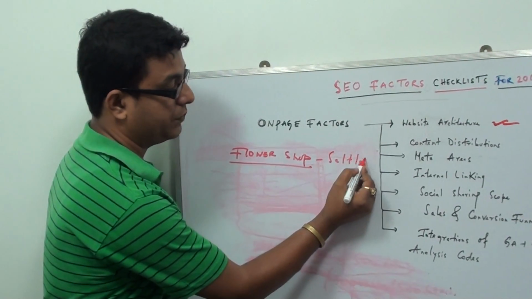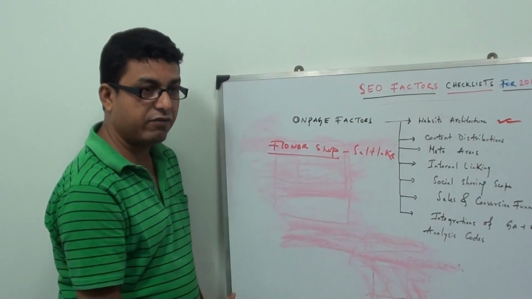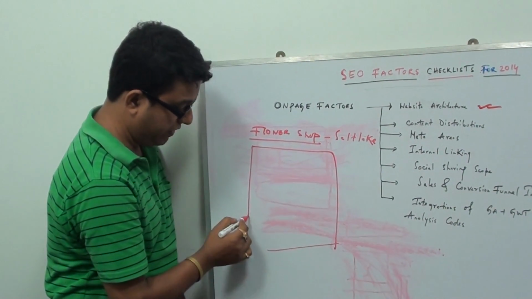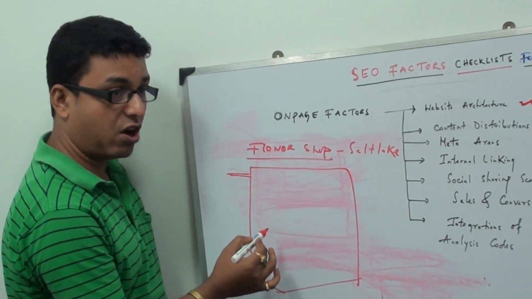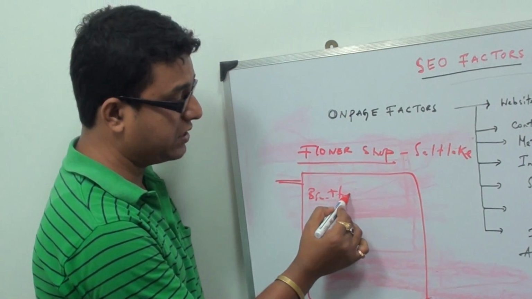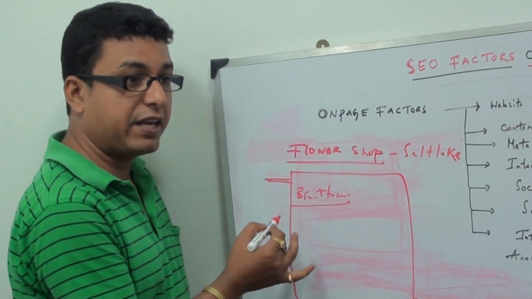So if I have a flower shop in Salt Lake area, right, I have a website, and on that site I have given structures, like I am trying to put up different flower offers, like there are birthday flower gifts, right? So someone is looking for birthday flower gifts, and they are coming to my website.